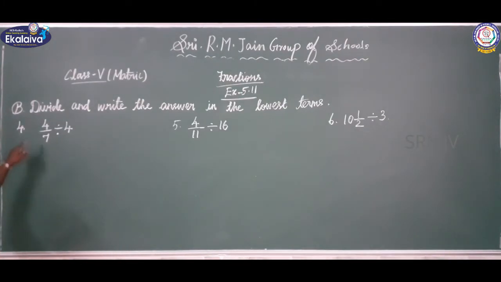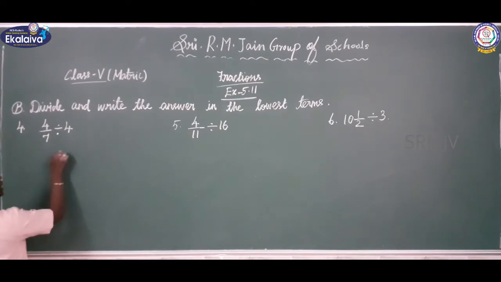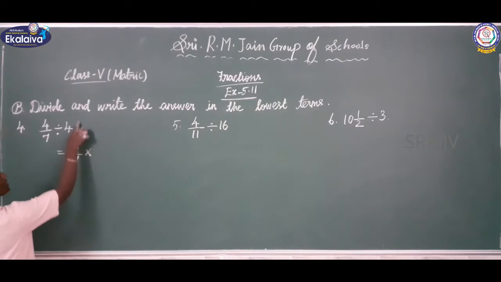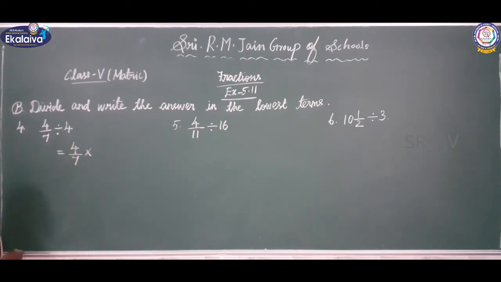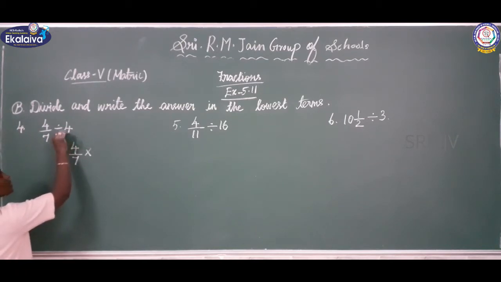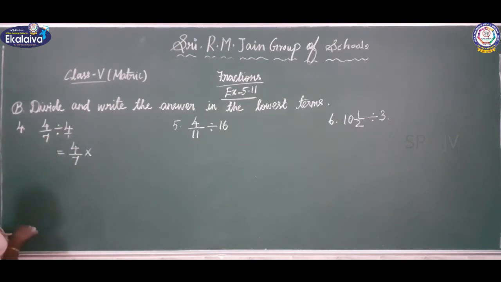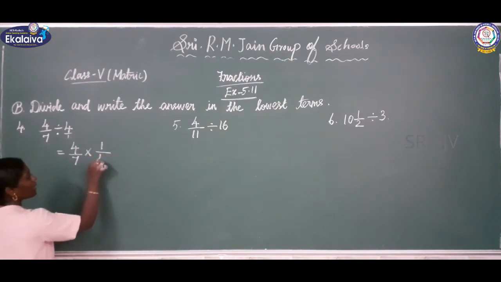The next question is 4 by 7 divided by 4. Here to divide the fraction 4 by 7 by 4, we have to multiply the fraction 4 by 7 by the reciprocal of 4. What is the reciprocal of 4? 4 is a whole number, so the denominator is 1. So the reciprocal of 4 by 1 is 1 by 4.